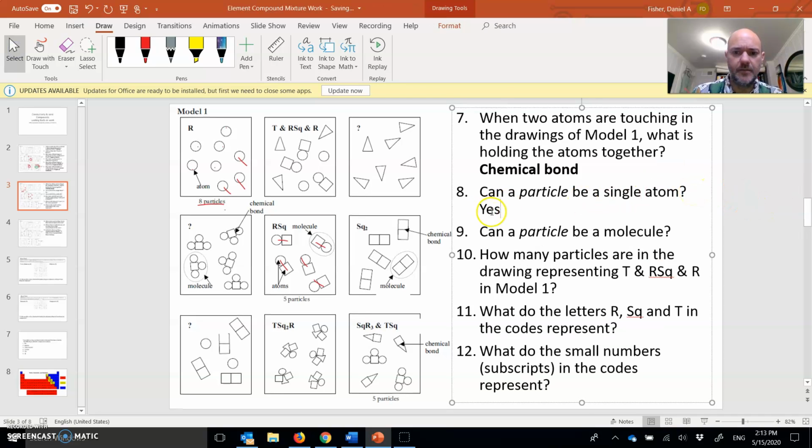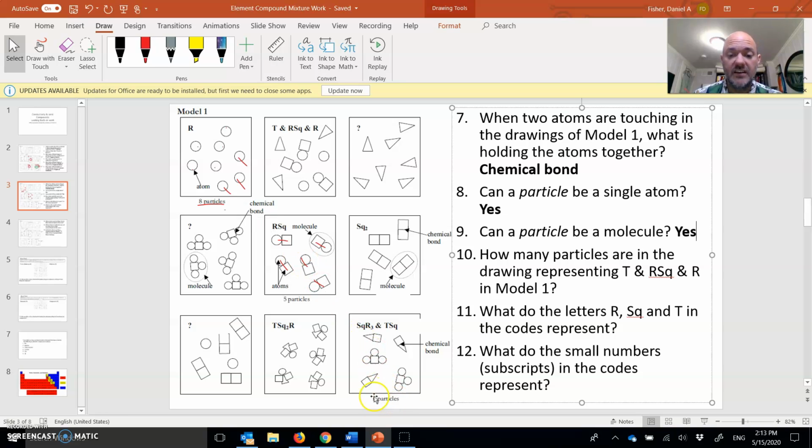Yes. Can a particle be a molecule? Yes. It can be either an atom or a molecule. It is something that is separate from other things within this group, right? So these two are bonded together, so they form a separate group and they form a particle. So a particle can be an atom by itself, or it can be an atom bonded together.